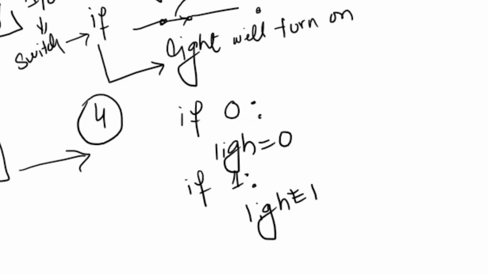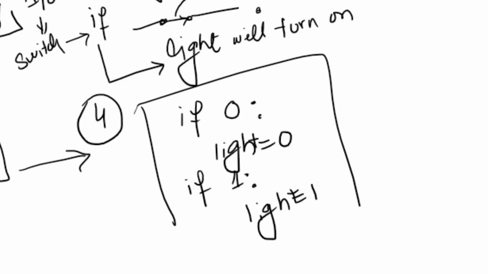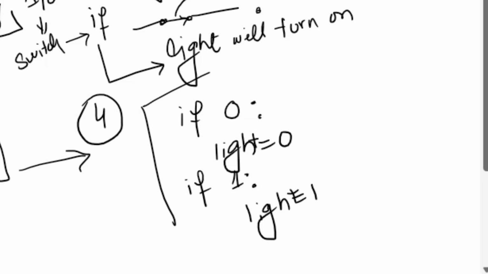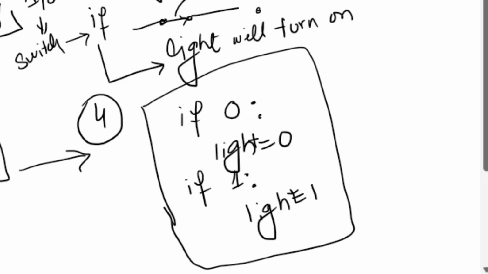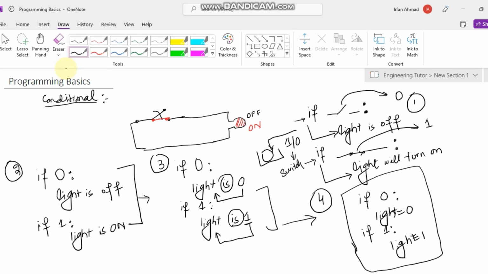Okay, so that is my final set of statements, in which I have written all of these things in terms of zeros and ones, and similarly I have represented the condition of the light bulb in terms of zeros and ones: when it is off it is 0, and when it is on it is 1.